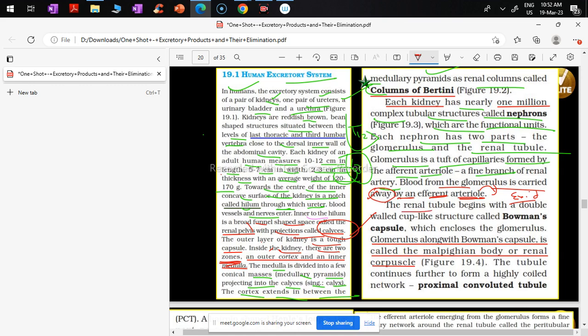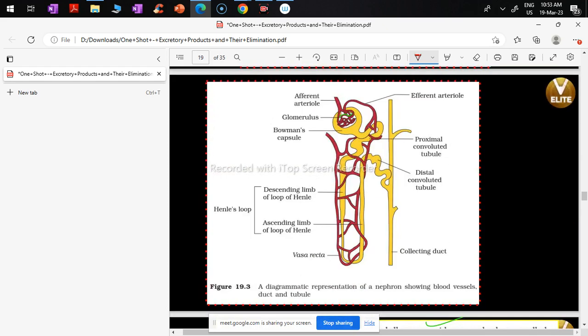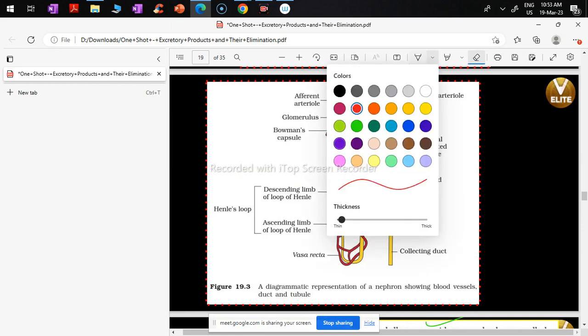So the renal tubule begins with a double-walled cup-like structure called the Bowman's capsule, which encloses the glomerulus. If we carefully see this diagram, have you also studied the structure of the nephron in previous classes? Yeah, I have.